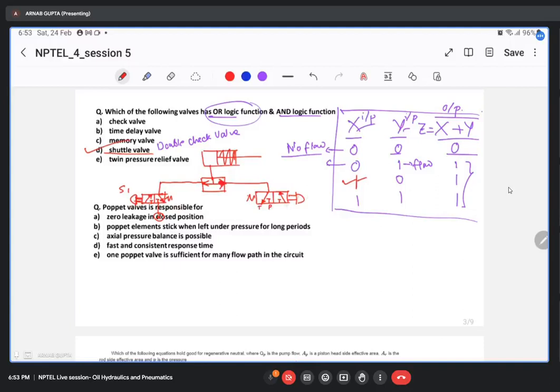Now, if you look at this carefully, if you are activating any one of the switches, that is S1 or S2, suppose you activate S1, you push this switch, what happens? This configuration comes into play, and the flow will take place like this, from here to here to here.